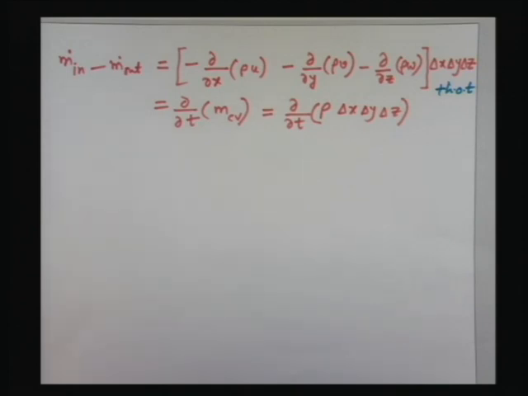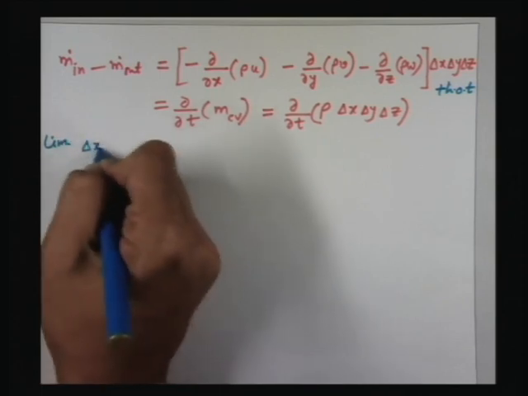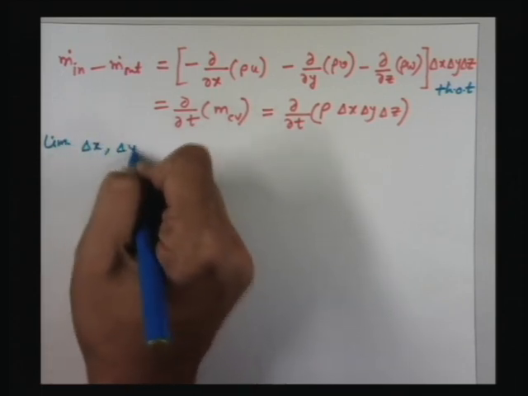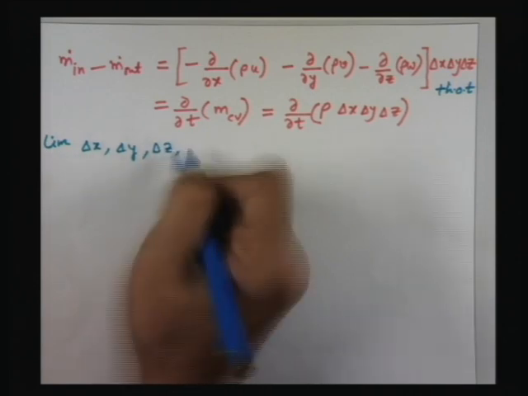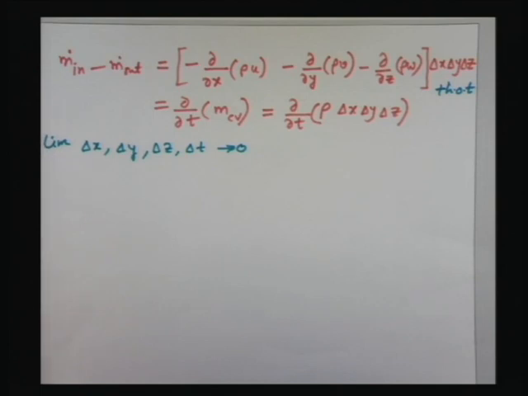Now we take the limit as delta x, delta y, delta z, delta t all tending to 0. Question is, why are we taking this limit? Eventually our objective is to derive a differential equation.